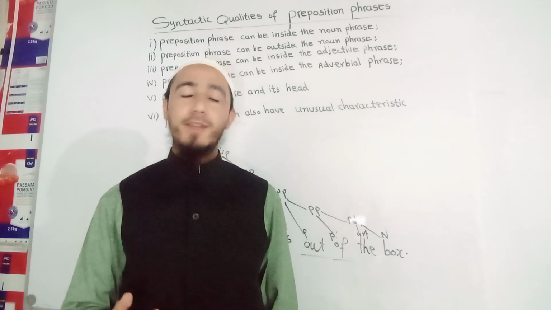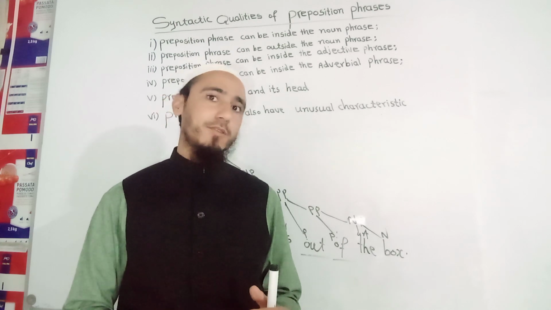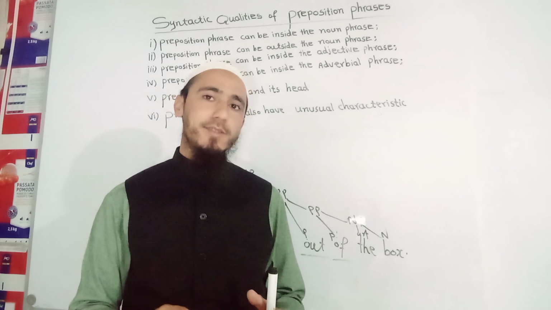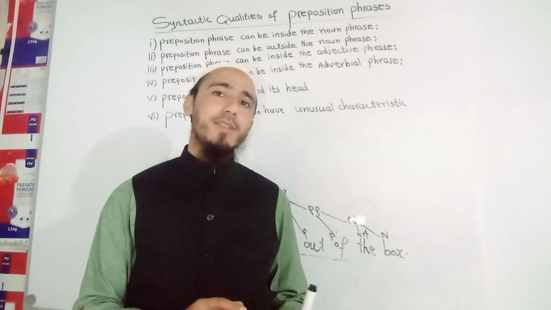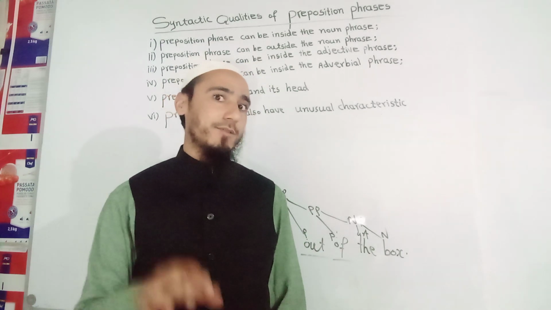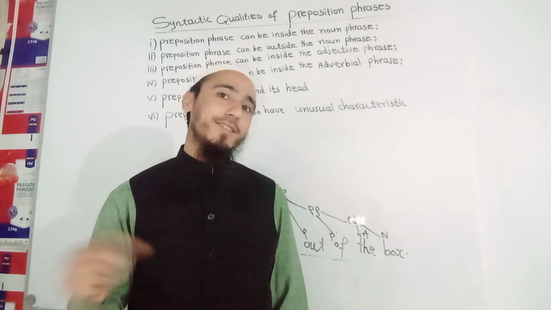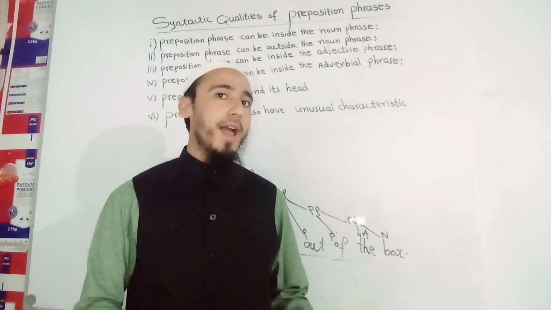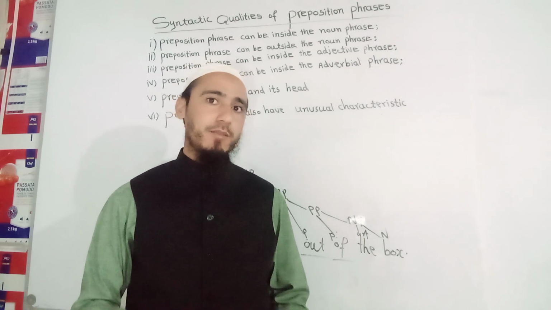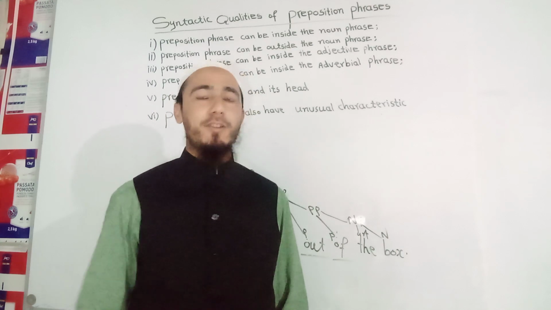Pre means before and position means place. A preposition is a word which can be found inside the noun phrase, outside the noun phrase, inside the adverbial phrase, inside the adjective phrase, and it can also have an unusual characteristic. How is it? For example, it can be followed by another preposition.